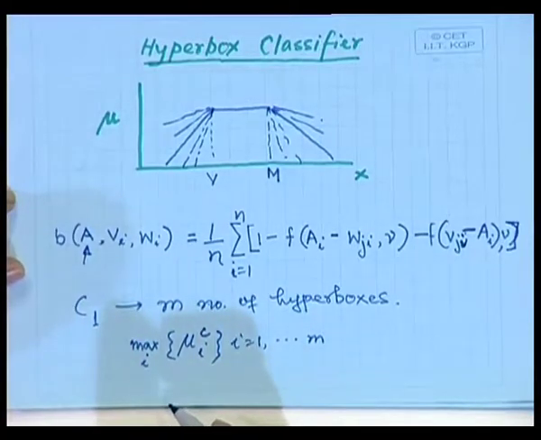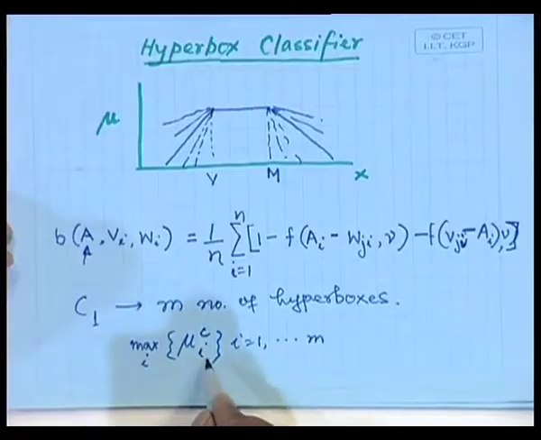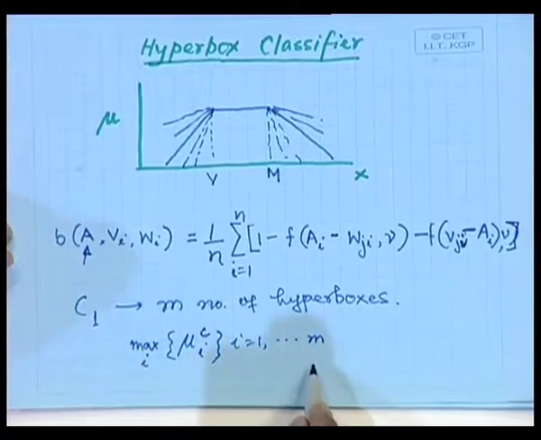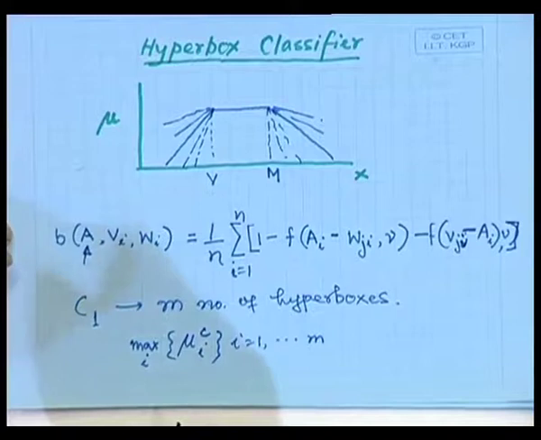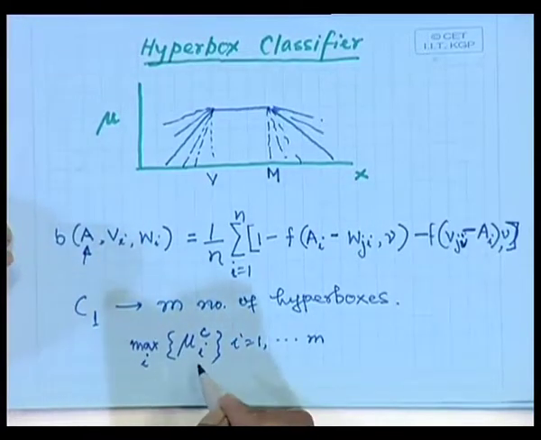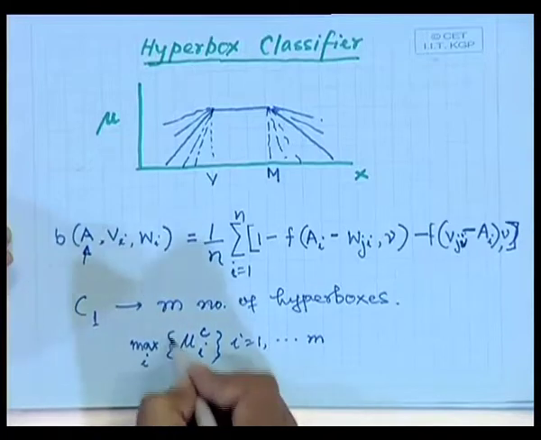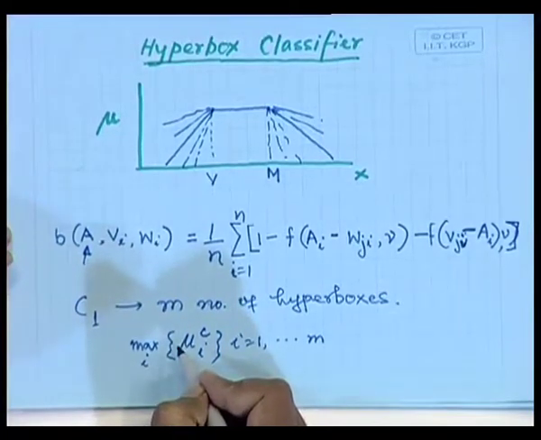Obviously, the hyperbox nearest to the unknown sample will give the maximum membership value, and the hyperbox furthest from the unknown sample will give the minimum membership value. So I take the maximum of these m membership values given by the m hyperboxes belonging to class C1, and this maximum value is the membership value of this unknown sample to class C1.